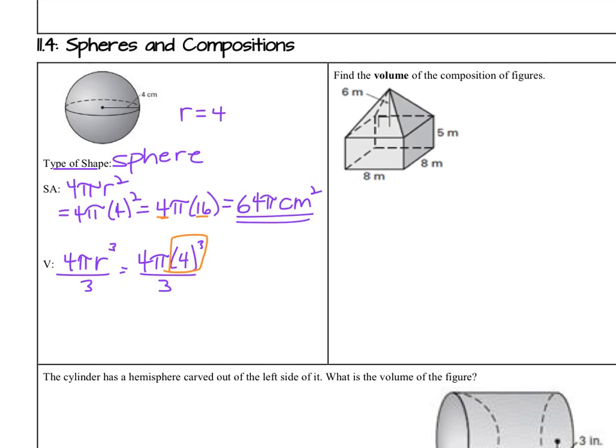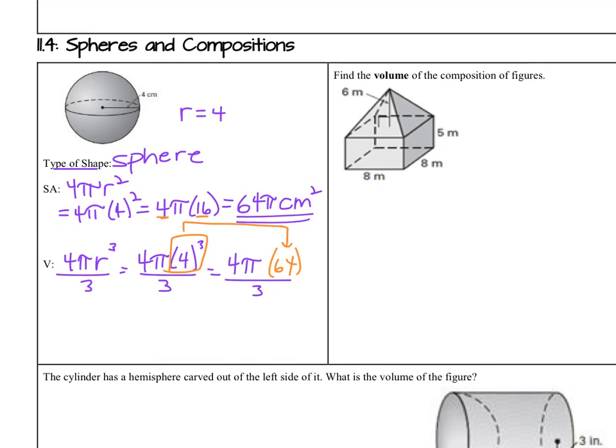Otherwise, there is a function on your calculator, that little arrow up button, it's kind of on the top right. You can hit 4 and then that button and 3. No matter how you do it, you should get 4 times pi, and then 4 cubed is 64. So make sure you can get that to equal 64, and you should be just fine.